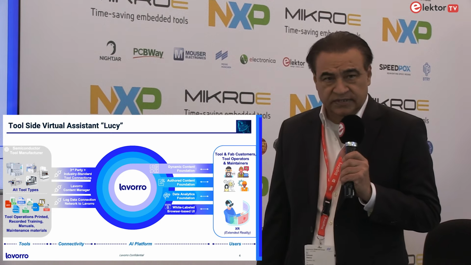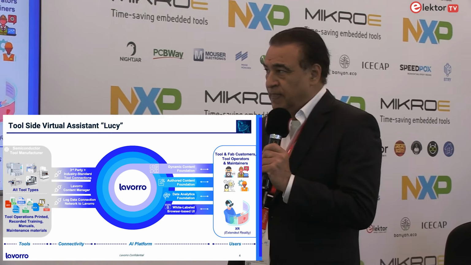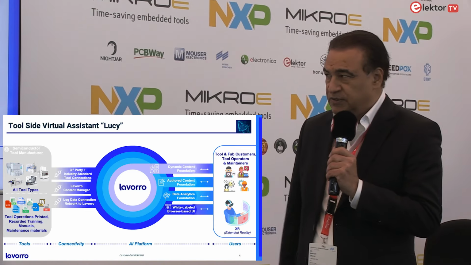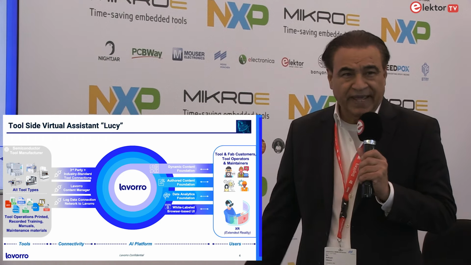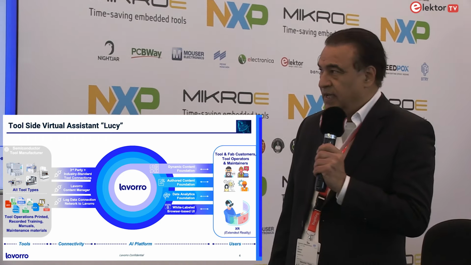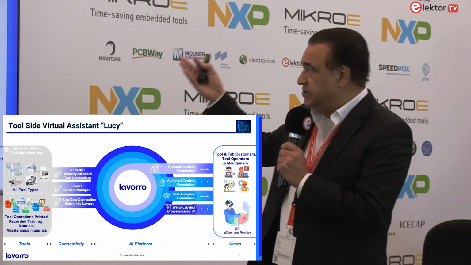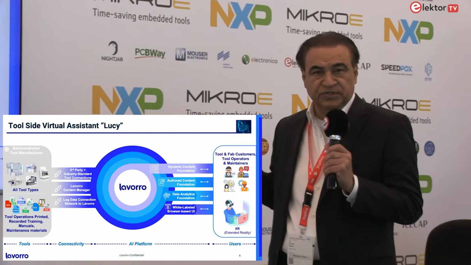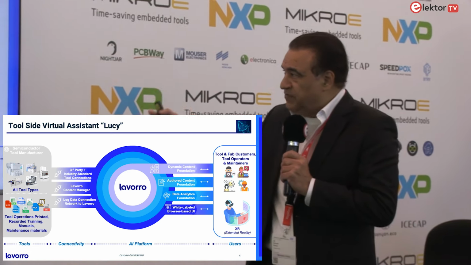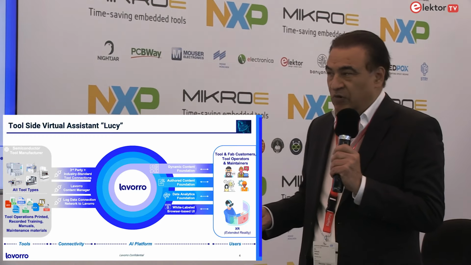The idea here is that we bring in real-time data from the tool, and we contextualize this with the static data, whether it's training data, tool data, or printed manuals, all the information required to operate the tool better, so that we can enable the users, whether they are tool engineers, fab engineers, or process engineers, and give them the basics of what is required in order to be productive on the fab floor.